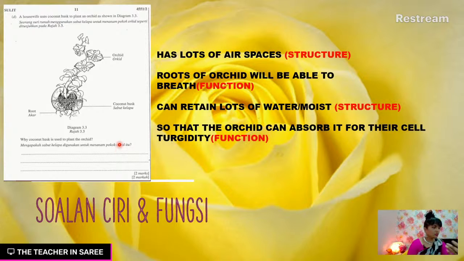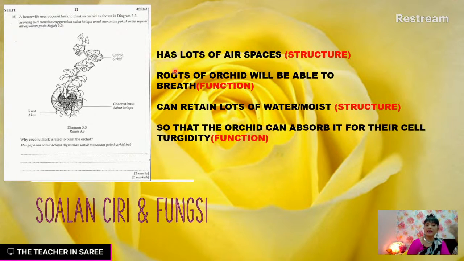It is not made for that purpose. But why can it still be used? That is the question. What is the special feature that enables it to serve this function for the orchid?